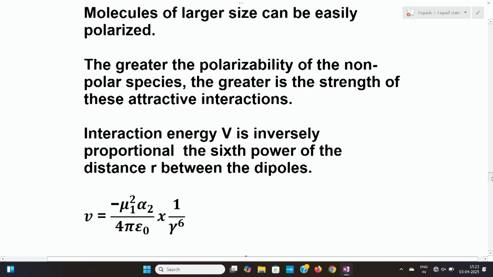Here also, the interaction energy V is inversely proportional to the sixth power of R. The interaction energy V is equal to minus mu1 square alpha 2 divided by 4 pi epsilon 0 into 1 by R power 6. Here this mu1 is the dipole moment, alpha is the polarizability of the nonpolar molecule, and epsilon 0 is the permittivity of space.